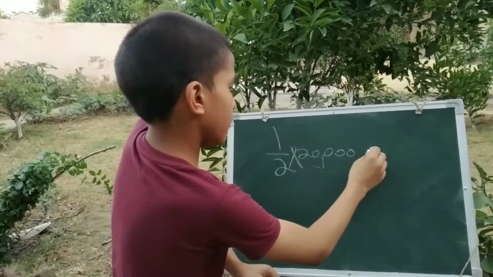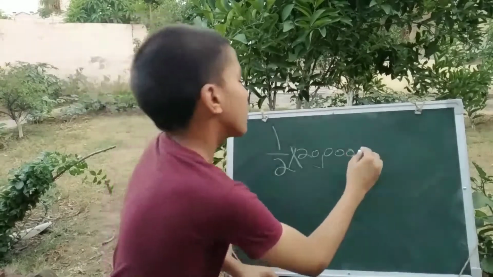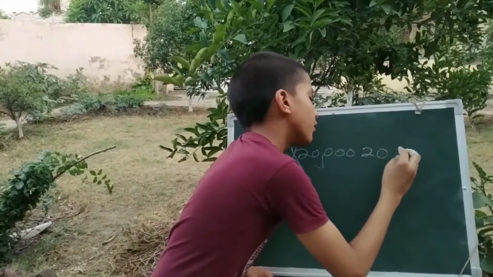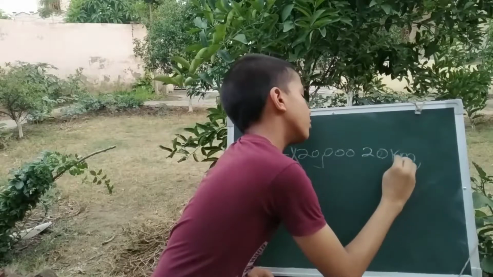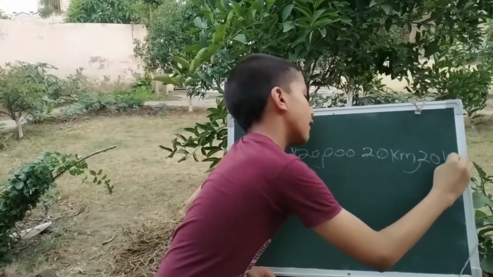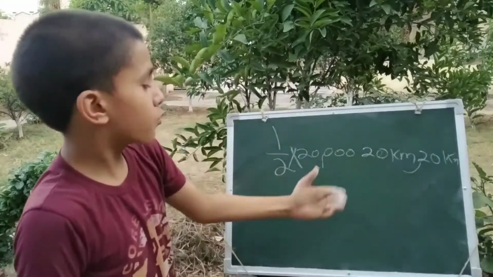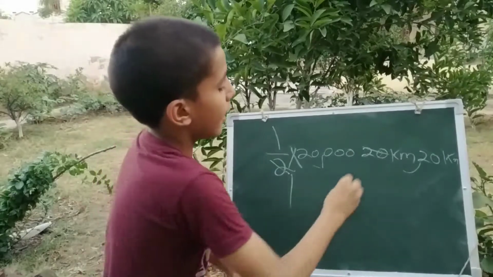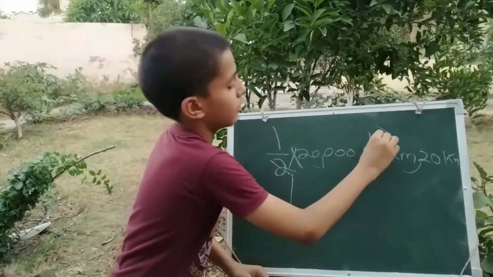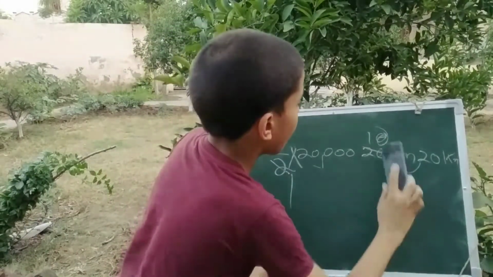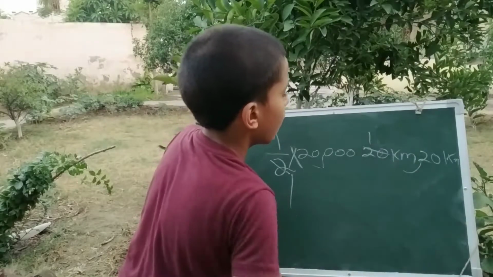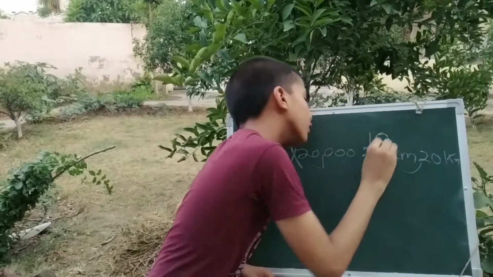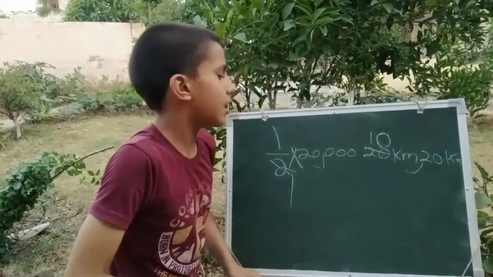After that, yes, 20 km, 20 km. Okay, 20. So it will be cut out by the 2, and it will become 10. See, okay, it becomes 10.